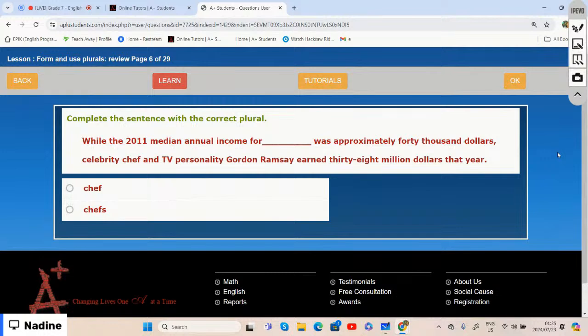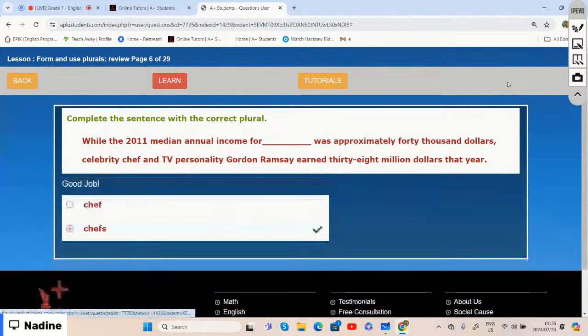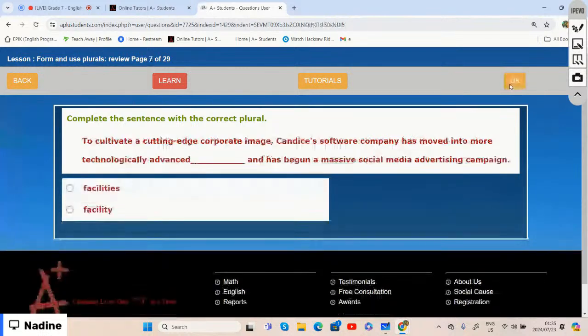All right. And if we were to choose the correct one, we will say that while in 2011 the median annual income for chefs, because we're making mention of more than one chef. So chefs, right?